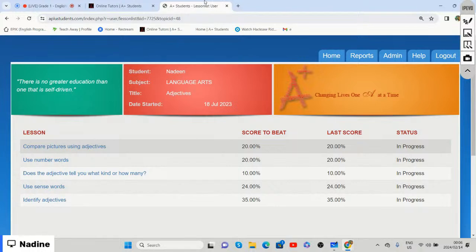We're going to divide our lessons into two different days. Today we're only going to do a few of these lessons, and on our next lesson we will do the others.